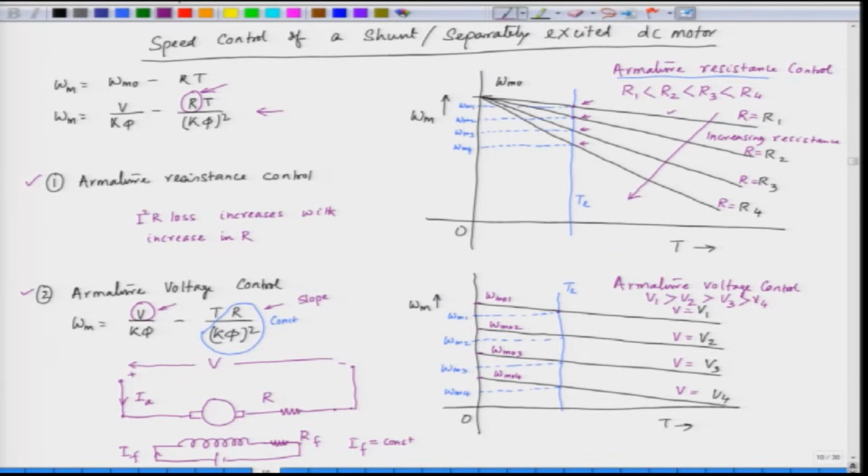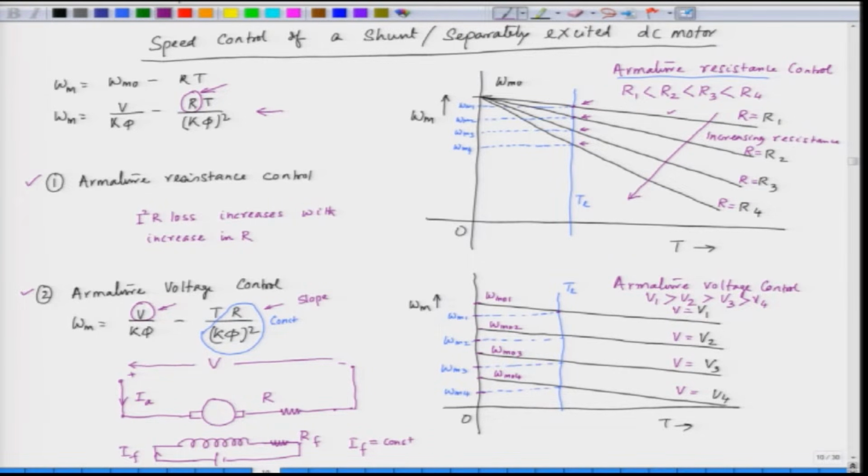So, corresponding to V 1 the speed is omega 1, corresponding to V 2 the speed is omega 2, and then when we further reduce the voltage, the speed decreases and this becomes omega 3, and then when we further reduce the voltage, the speed again decreases and we get omega 4. So, this is how we control the speed of the motor.